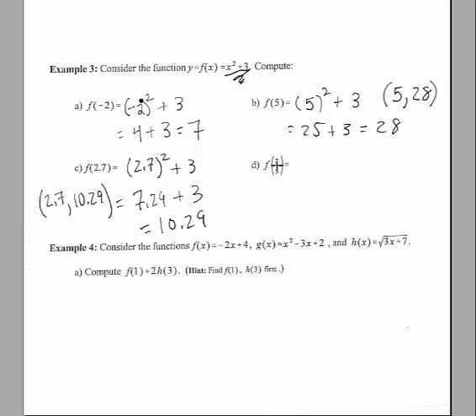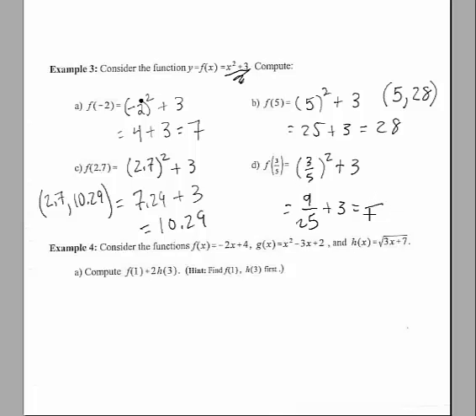Now we have a fraction that we want to input into our expression, x squared plus 3. So I have a 3/5 inside. Okay, square both the top and the bottom. I would get a 9 over 25 plus 3. If we want an exact answer, then we need a common denominator.